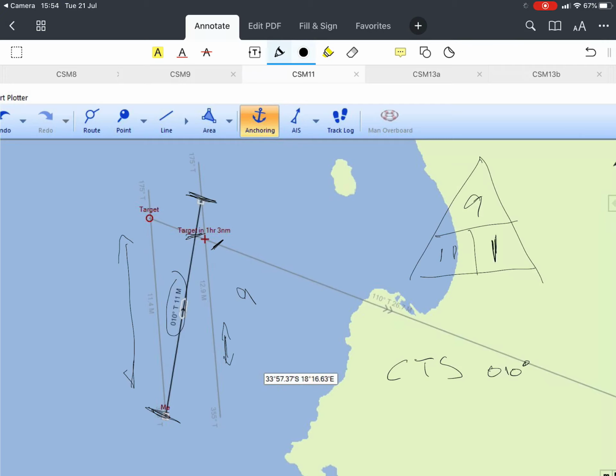That means 9 divided by 11 is going to be 82% of 60 minutes. It's going to be 49 minutes until we actually cross paths.